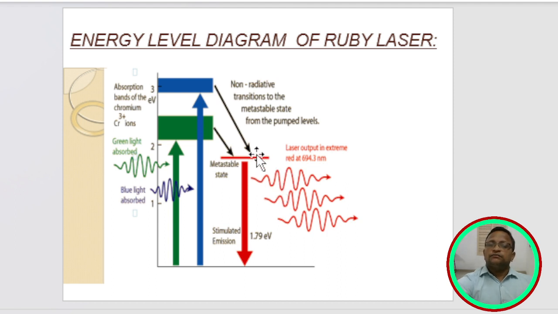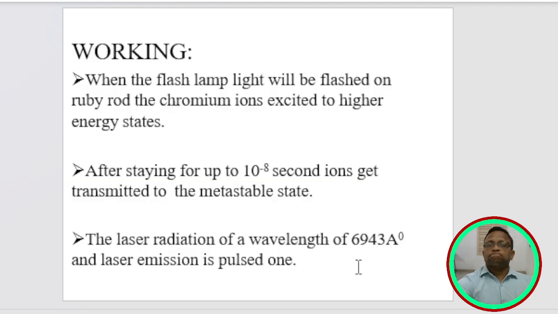After some time the metastable state becomes more populated, and then the atoms relax from this state to the lower energy state by emitting laser light of wavelength 6943 angstroms, or 694.3 nanometers. So the ruby laser emits radiation having a wavelength of 6943 angstroms.